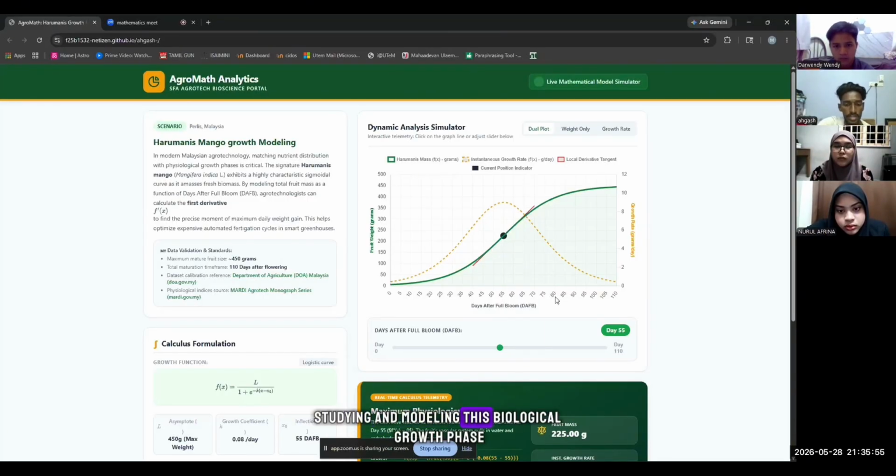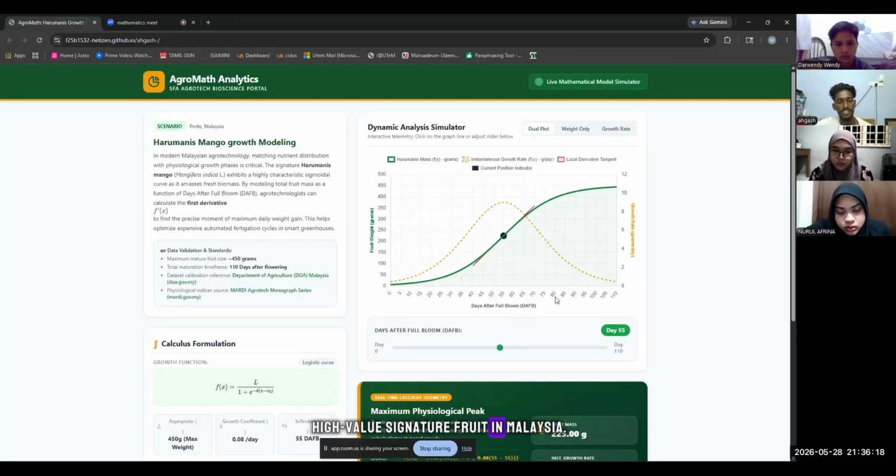Studying and modeling this biological growth phase is crucial for three major reasons. First, precision agrotechnology. Instead of relying on guesswork, farmers can use empirical data to schedule precise automatic fertigation cycles, reducing fertilizer runoff and cutting operational cost. Second, economic maximization. The Harumanis mango is a premium, high-value signature fruit in Asia.